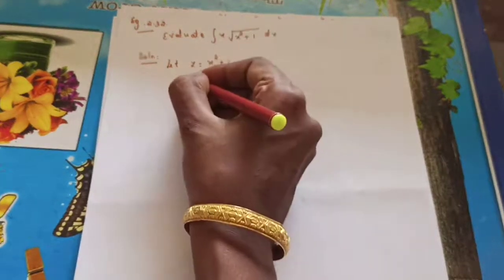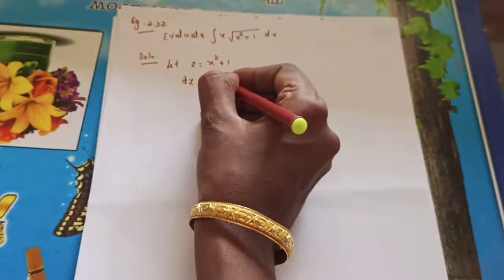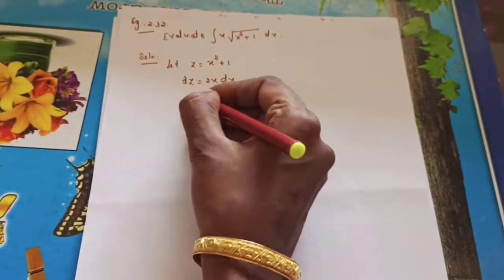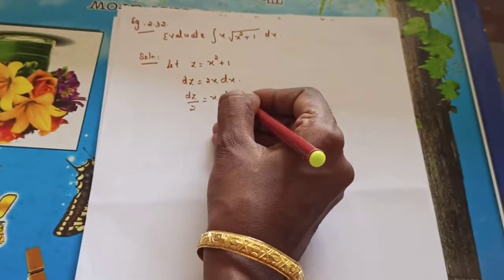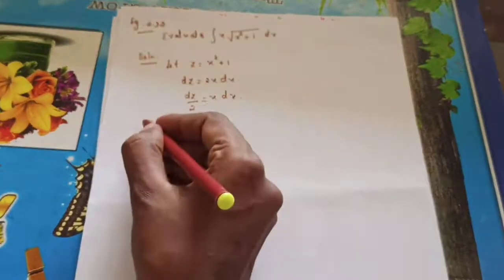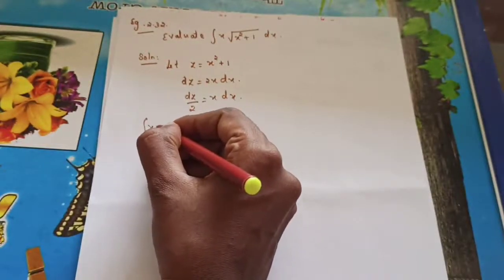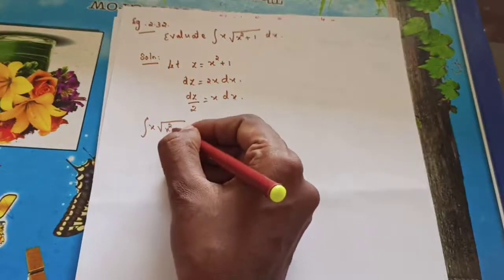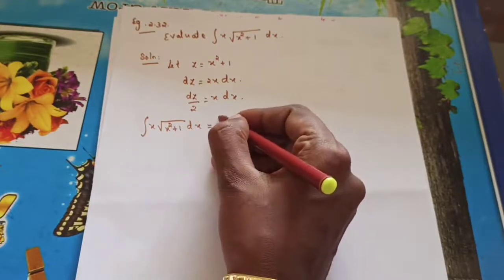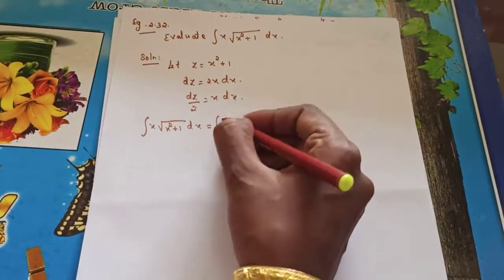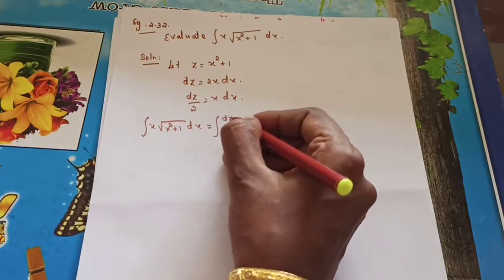Okay, so what will happen? dz is equal to 2x dx. From that, dz by 2 means x dx. Okay, so shall we substitute there? The integral of x into square root of x square plus 1 dx is equal to the integral of x dx, in the place of x dx, dz by 2.